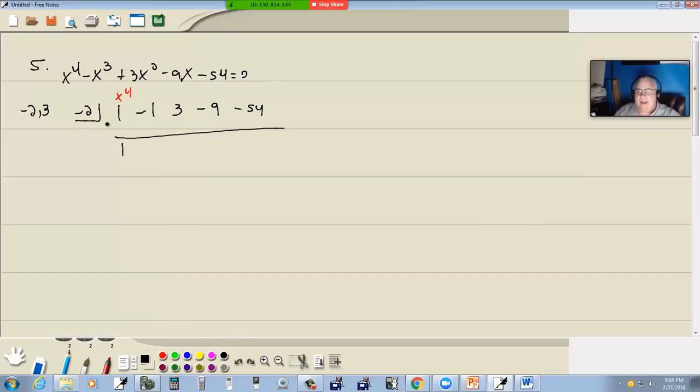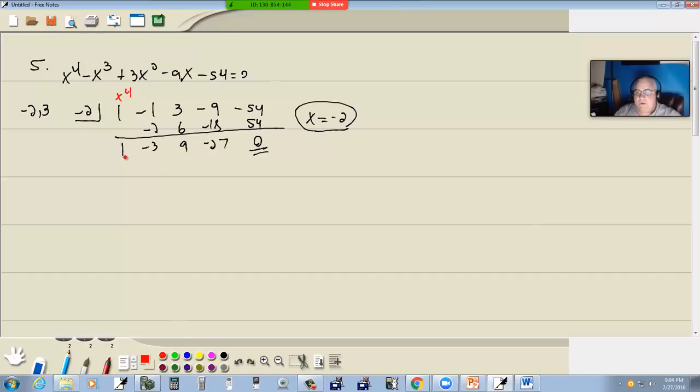So I'm going to add, multiply, add, multiply, add, multiply, add, multiply. I assume you know how to do synthetic division. You have to be good at synthetic division for this process. Remember what that 0 means. As a remainder, that means you found an answer. So our first answer is -2. No big surprise, calculator told us that was going to be an answer.